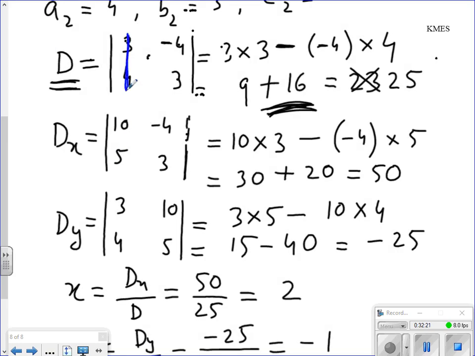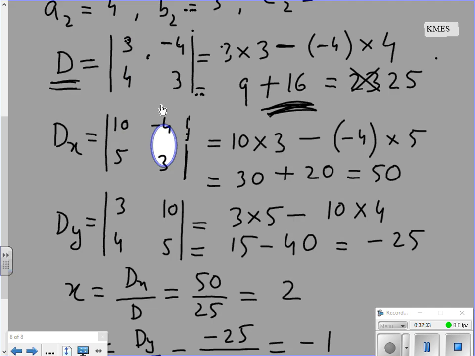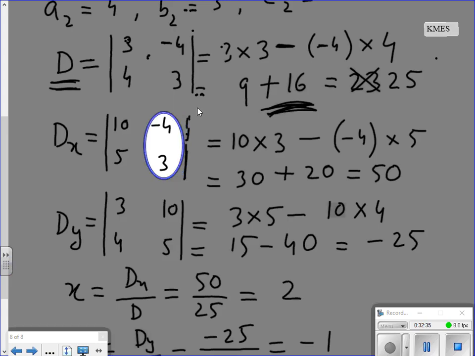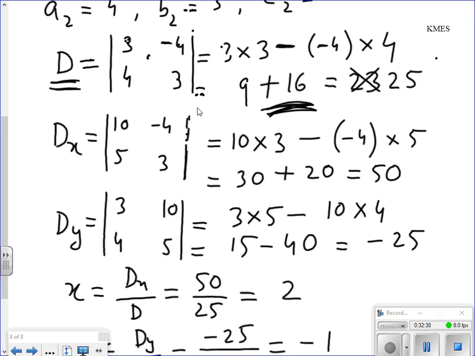Keep in mind, the coefficients of x are replaced by c1, c2 in dx, while b1, b2 remain where they are. Then you know how to find the value of this determinant. Multiply and you get your answer. We get 50.